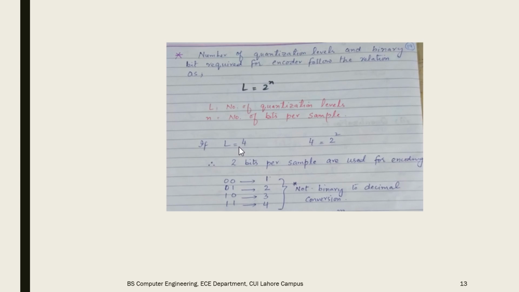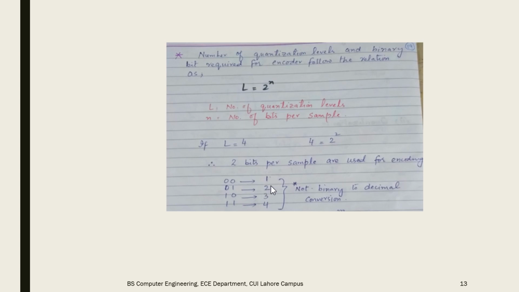So if we assume that we want to divide our signal into 4 quantization levels, then according to this formula, 2 bits are required for encoding purposes. So 2 bits per sample are used for encoding. It means if our sample is at level 1, then 00 will be assigned.